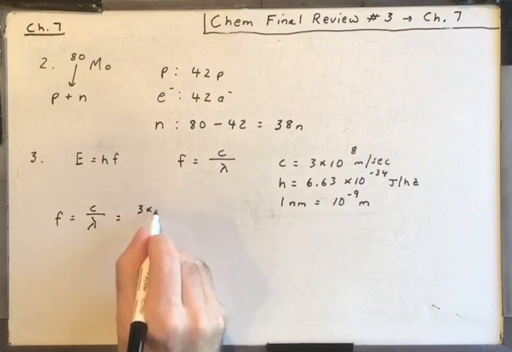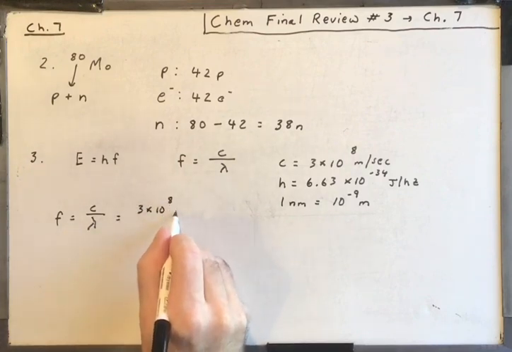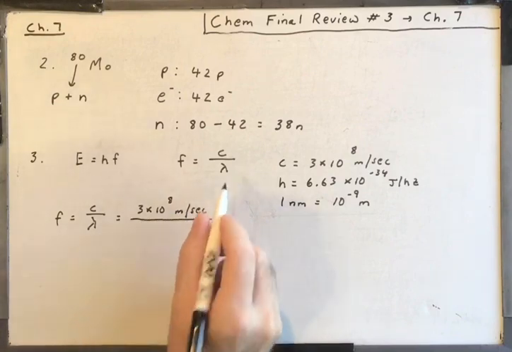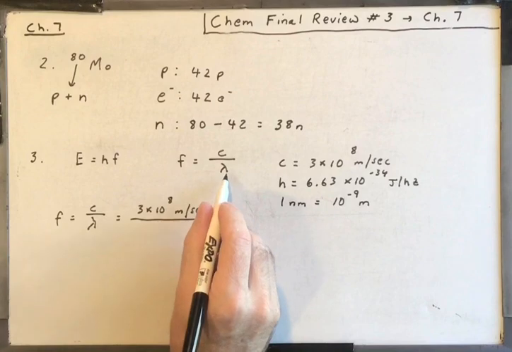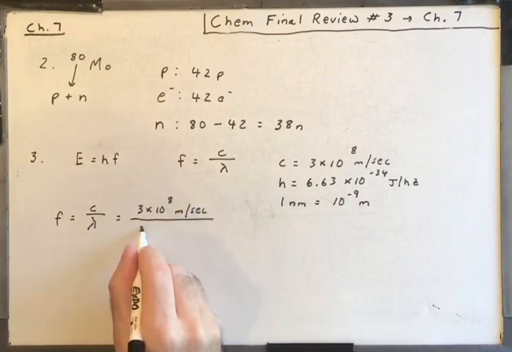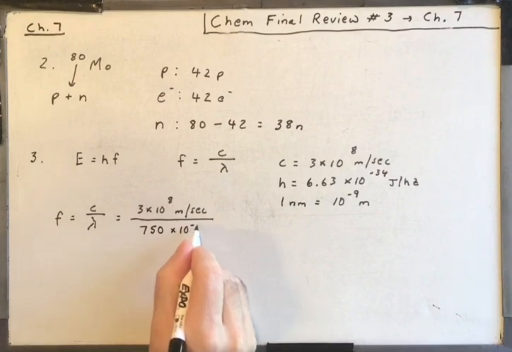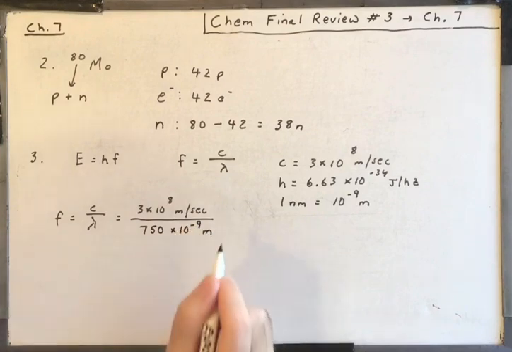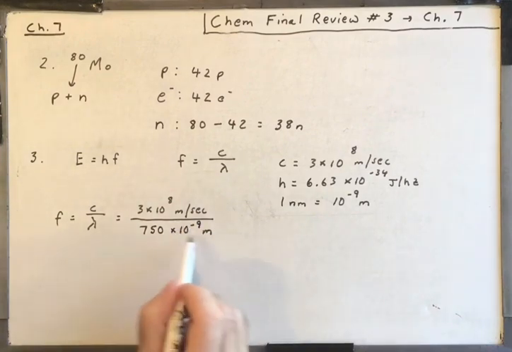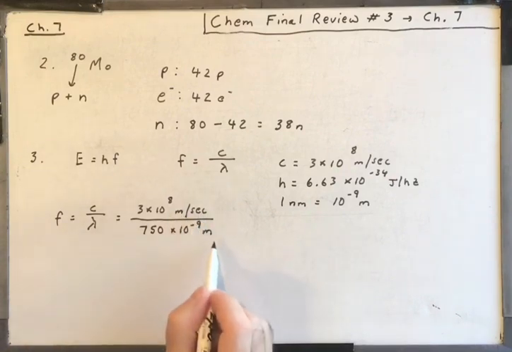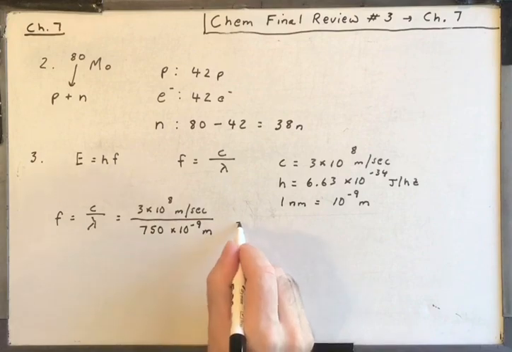That's 3 times 10 to the 8th meters per second divided by, now it's given to you in nanometers, so we have to convert that to meters. So 750 times 10 to the minus 9 meters. If it's given to you in meters, you don't have to do this conversion. But since the speed of light is in meters per second, we have to convert the wavelength into meters.